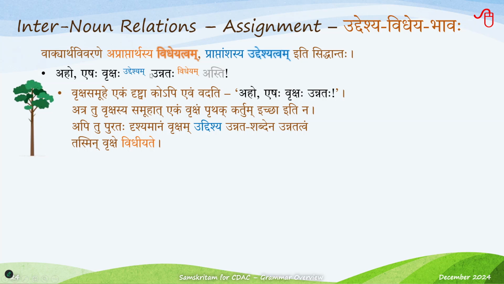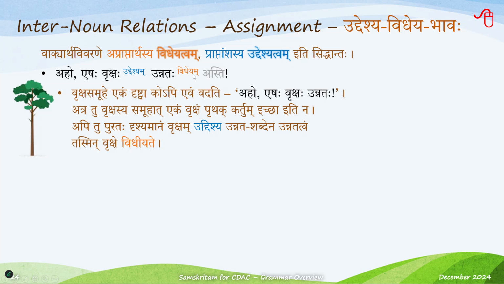So that continues, but here by pulling out the unnata as a latter assignment to vriksha, and also using the tone and the kaku, aho, yeshaha vrikshaha, unnataha asti, we are not saying yeshaha unnataha vrikshaha asti, something like that. So that is the Vidheyatva.